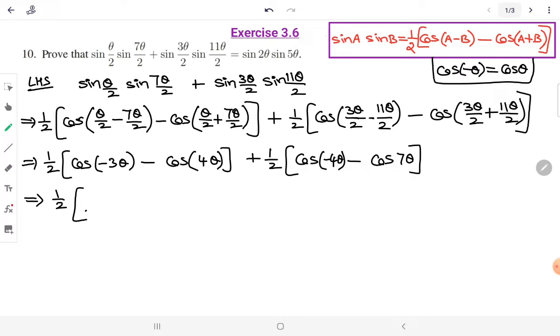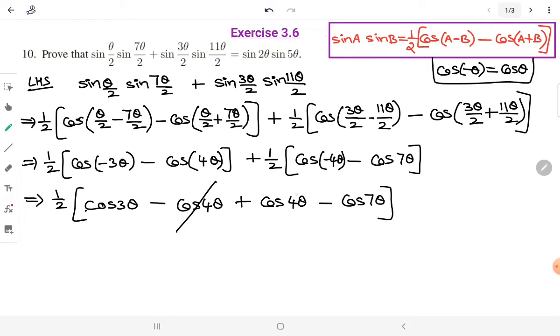As I've taken half common, here we have cos of minus 3θ, which is cos 3θ, minus cos 4θ, plus cos of minus 4θ, which is cos 4θ, minus cos 7θ. Now clearly minus cos 4θ plus cos 4θ will get cancelled. So we have half of cos 3θ minus cos 7θ.